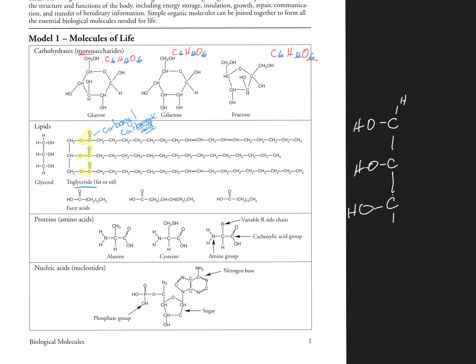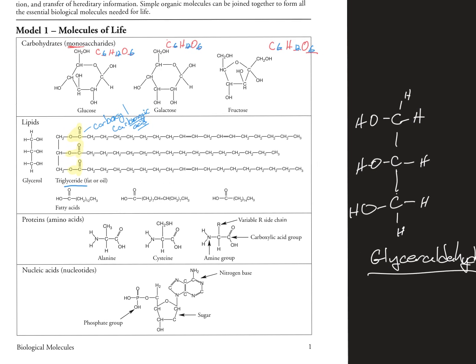Probably drawing this wrong, but I'm just going to go ahead. This thing here is called glyceraldehyde. You'll see it pop up throughout the book reading. You'll see it pop up in all of biochemistry.